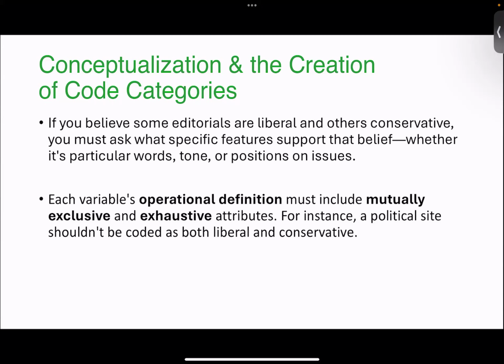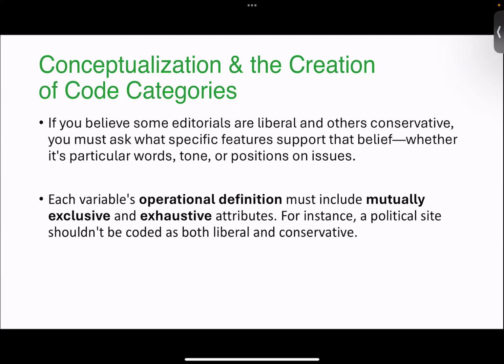And then each variable that you're trying to code has to have an operational definition, which means what belongs where. And it has to be mutually exclusive. For example, if you want to analyze political sides in South Korea, you cannot code it like political science consists of both liberal and conservative.